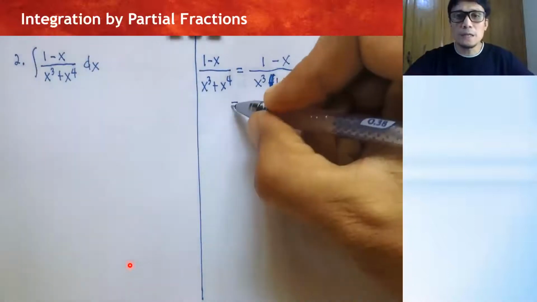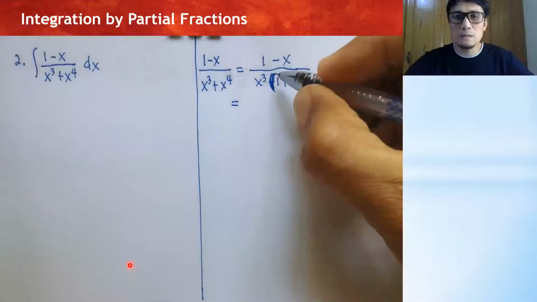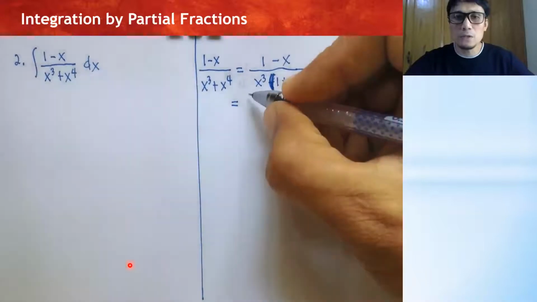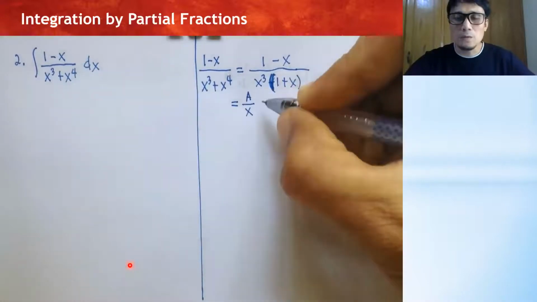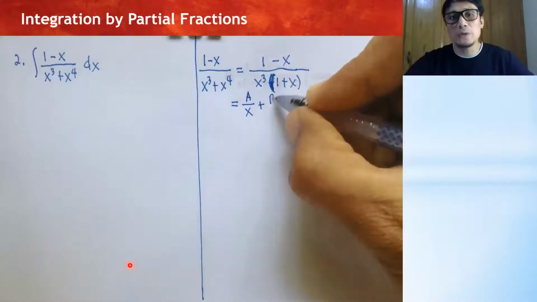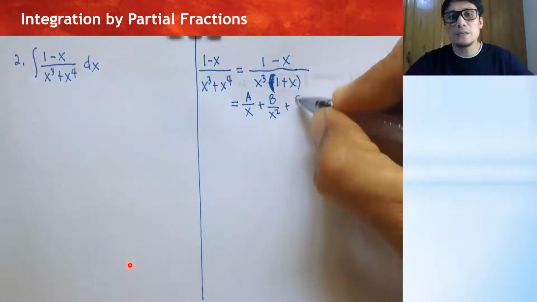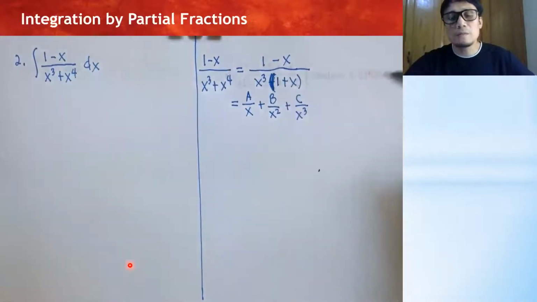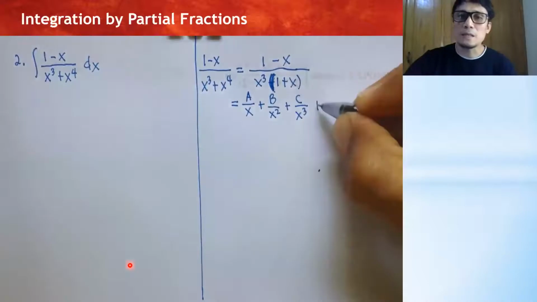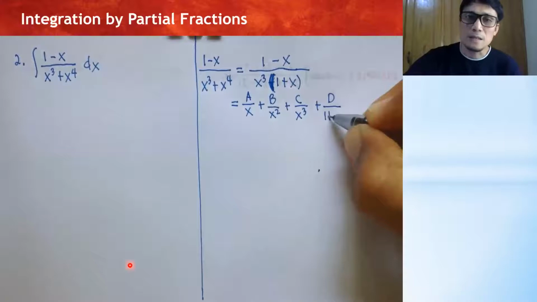And then after that, take note that x cubed is a repeated linear factor. So we have a over x plus b over x squared, right? Then plus c over x cubed, and then plus, that one is linear, so we have d over 1 plus x.